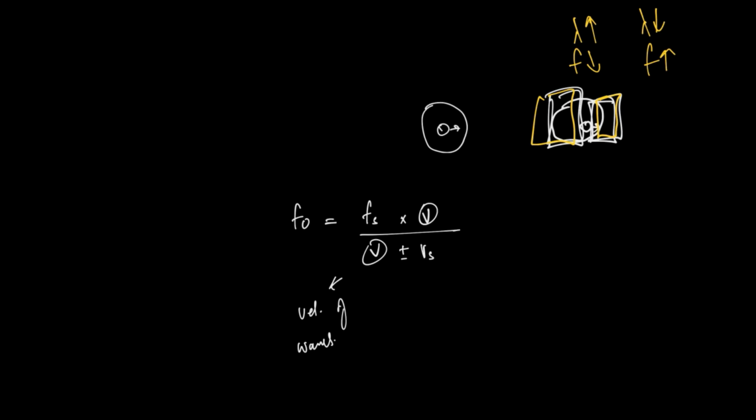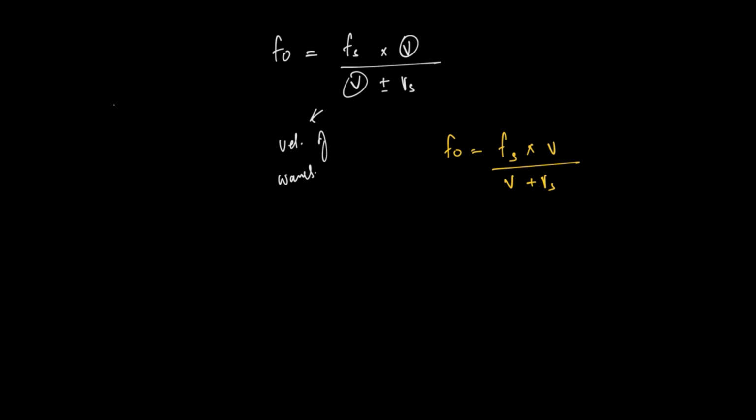If we break these two, plus and minus, into separate equations, the frequency observed equals the frequency of the source times velocity divided by velocity plus velocity of source, or the other equation becomes observed frequency equals frequency of source times velocity divided by velocity minus velocity of source.